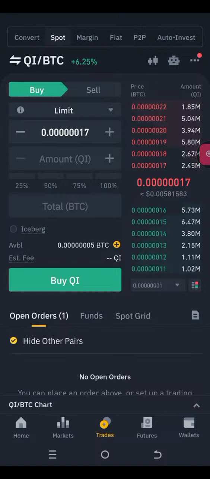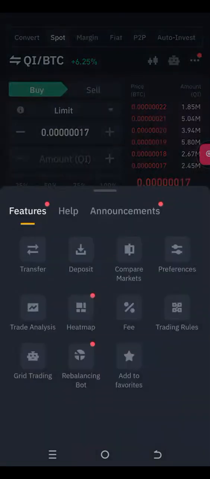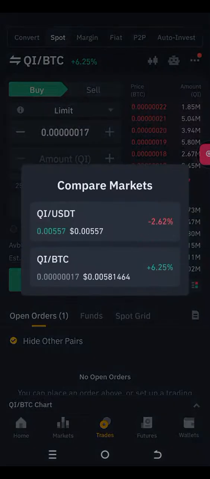Okay, so let me show you through the compare markets. Right now we have QI, we have USDT, we have BTC here. And we just want to check which one is cheaper, right? Because don't forget, we are buying low and we are selling high. So we need to check. These are the two markets where QI, which is our target coin, is being listed.